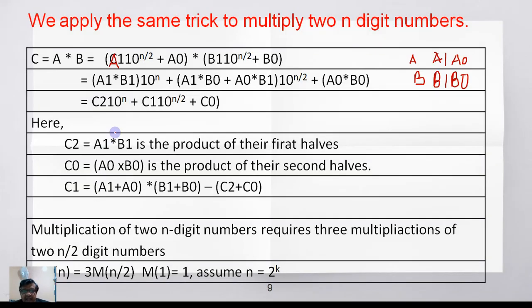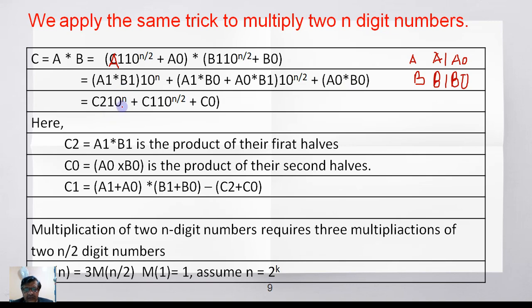Here they are n-digit numbers, therefore it becomes 10 to the power of n, and a1 b0 plus a0 b1 into 10 to the power of n by 2, similar to 10 to the power of 1 over there. For 2-digit numbers it is 10 to the power of 2 and 10 to the power of 1. For n-digit numbers it should be 10 to the power of n and 10 to the power of n by 2, and this is simply multiplied a0 into b0.